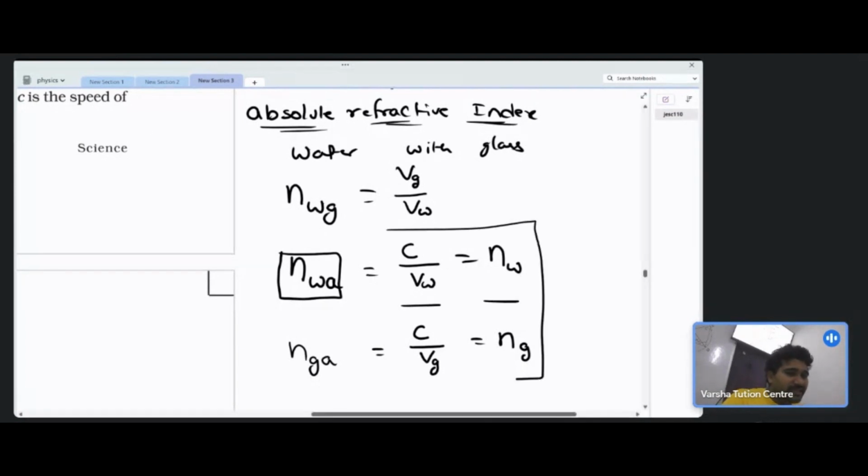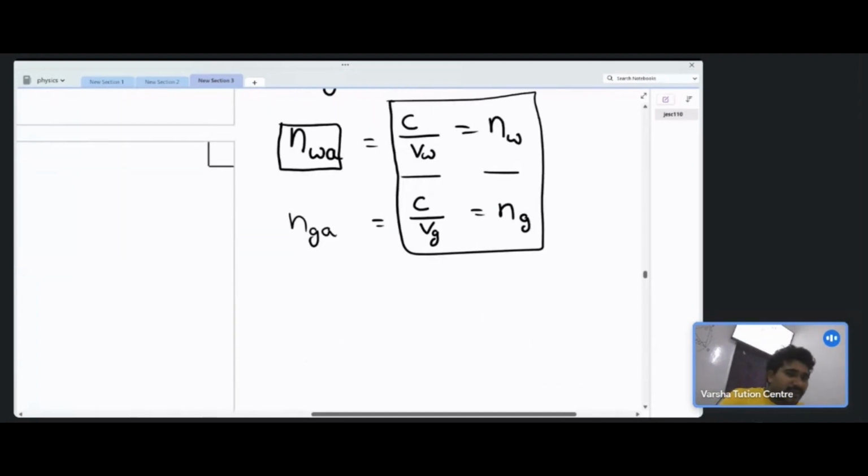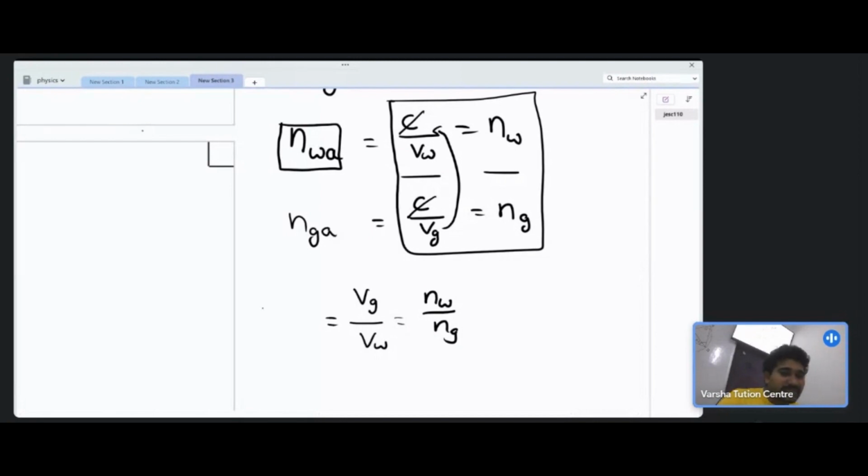What will it become if I divide? Observe very carefully. When you divide, c cancels, and it will become VG by VW, which is equal to NW by NG.